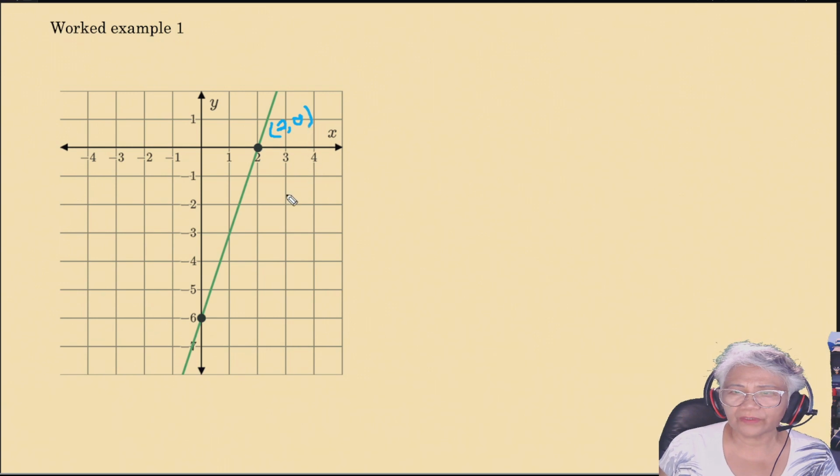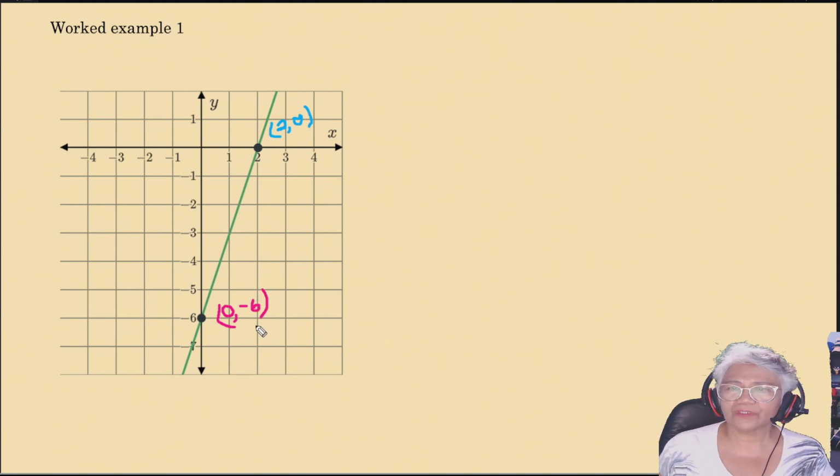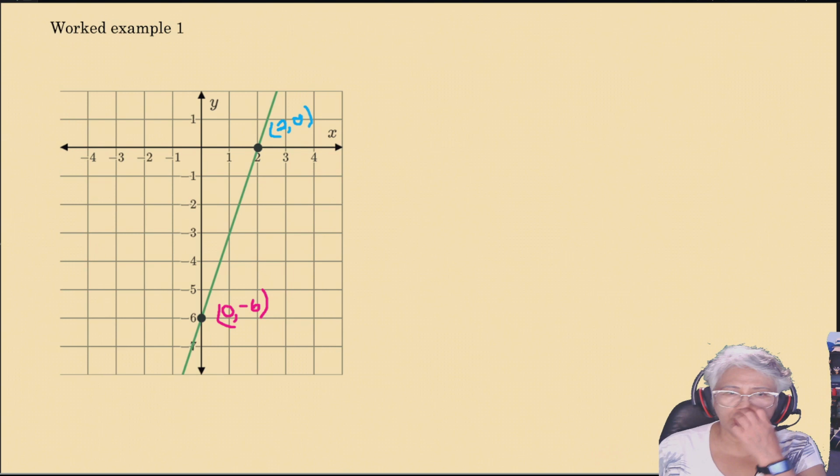And this one here, the x is 0 and the y is negative 6. Okay, so those are the points. Now we can go on and look at the different steps.